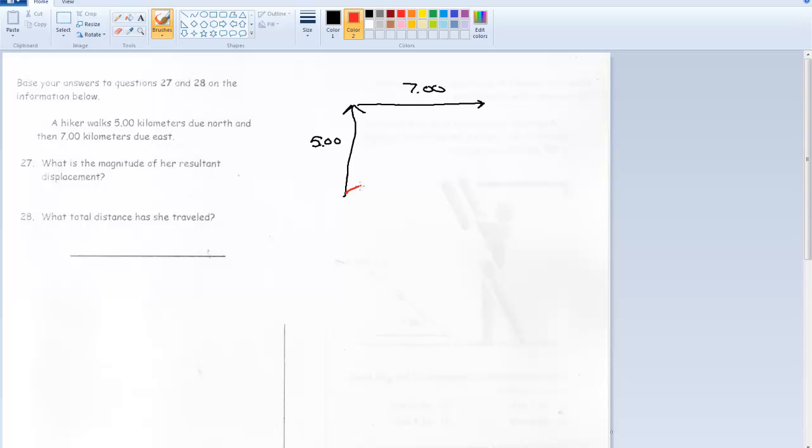So the resultant displacement is from start to finish. That's how we find displacement. So if I want to find how long this vector is, it's going to be a squared plus b squared equals c squared. That's the Pythagorean theorem. So we have 5.00 squared plus 7.00 squared equals, we'll call it c squared.